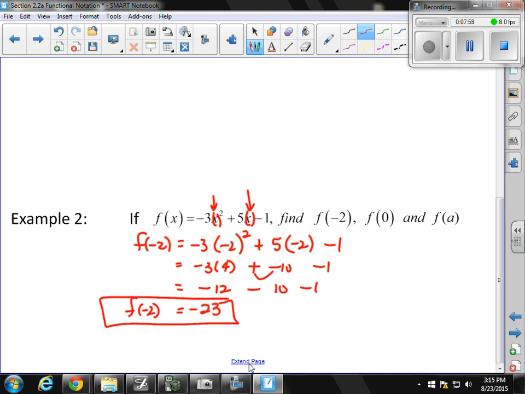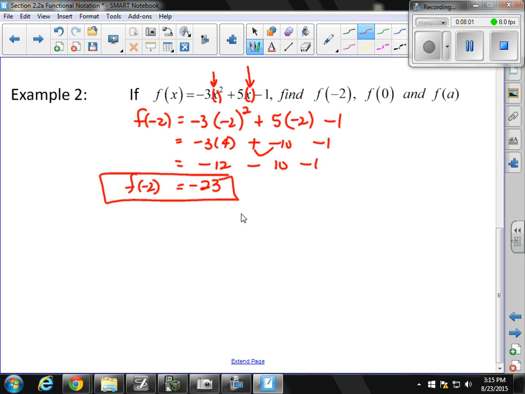We're going to do f of 0 next. Again, replacing both of those x's with 0. Negative 3 times 0 squared plus 5 times 0 minus 1. Anything times 0 is 0, so we're left with just negative 1.